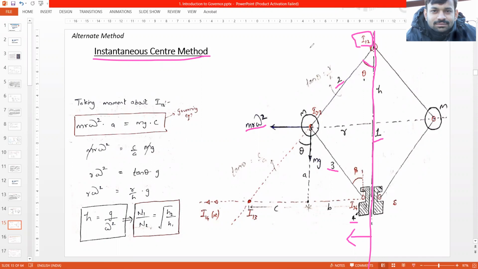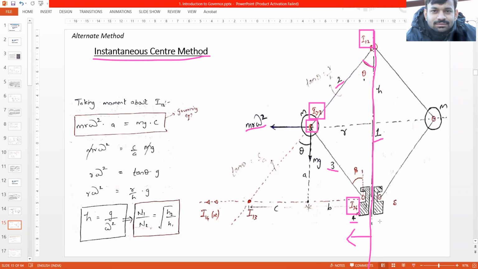which will be situated over here. I12 is over here. I34 is over here. This is I23, of link 2 and 3. Now the I14 will go at infinity.